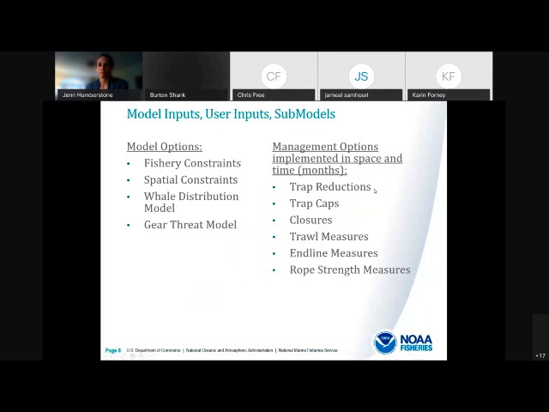So we do trap reductions, trap caps, spatial closures, which can be seasonal or year-round, changing trawl measures, which is the number of traps that end up in a trawl, end line measures, which is whether you have 1 or 2 lines on the traps, whether you have some portion of the fishery fishing ropeless gear, and then rope strength measures. So the potential for switching to lighter rope, putting weak insertions in your lines, those sorts of management options.